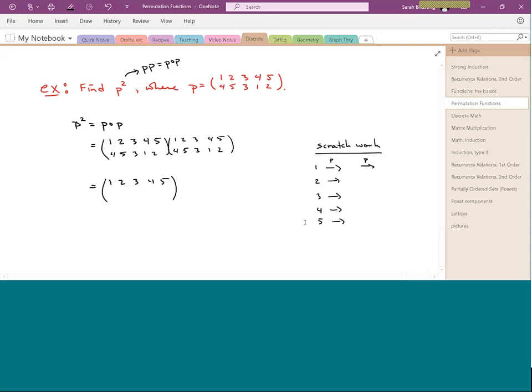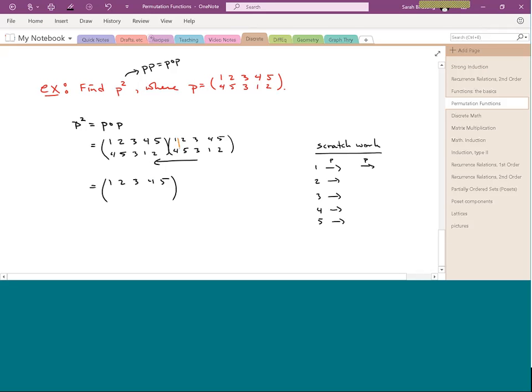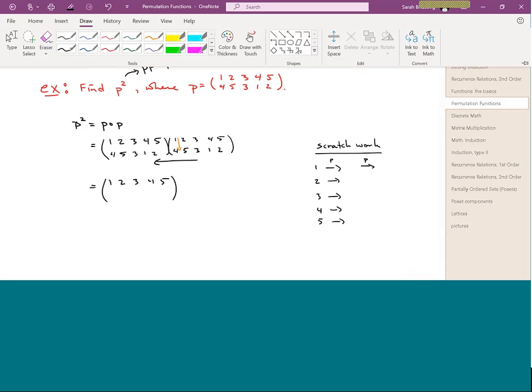So if we track what happens to 1, remember, we'll read backwards, although the nice thing about squared, guys, is because it's the same permutation function in the two positions, even if you forget and read the functions in the wrong order, you should still get the right answer. Okay. So here if we start at 1, 1 gets tracked to 4.